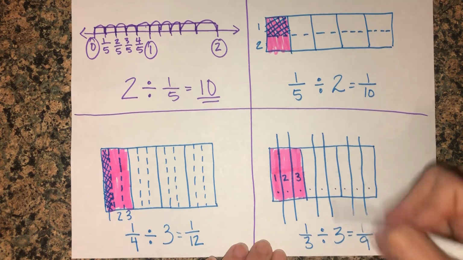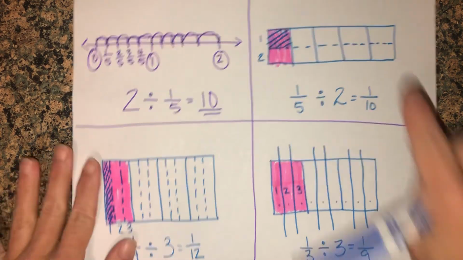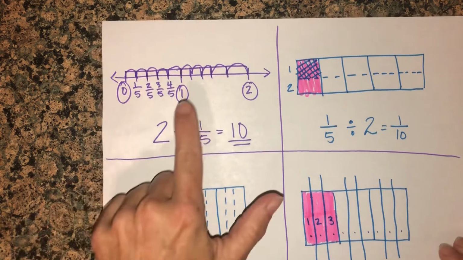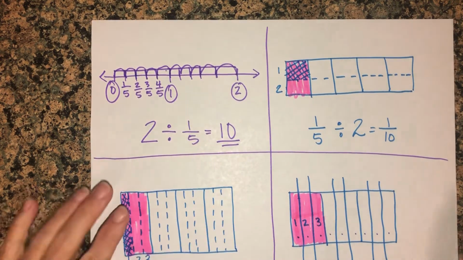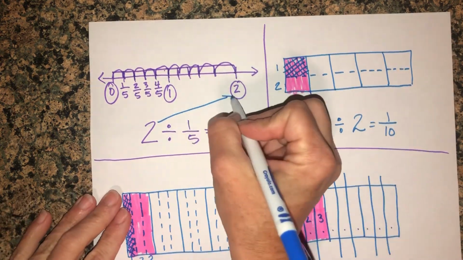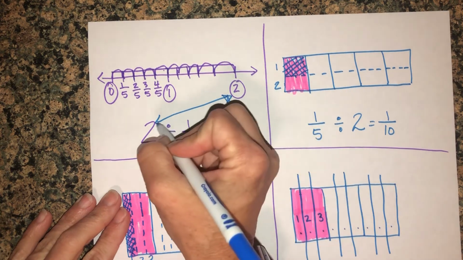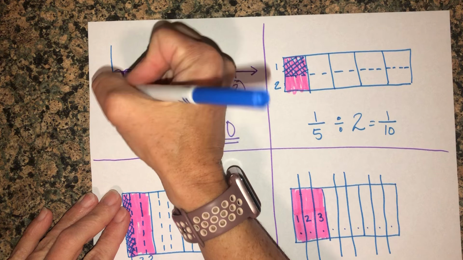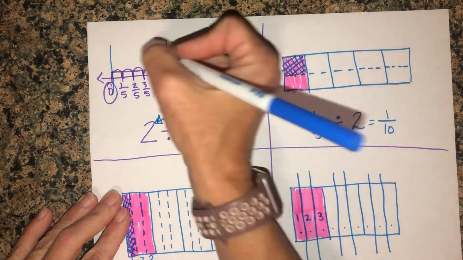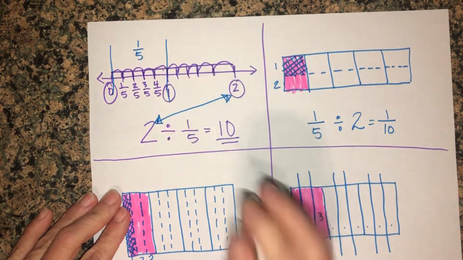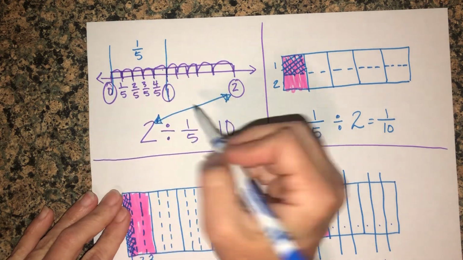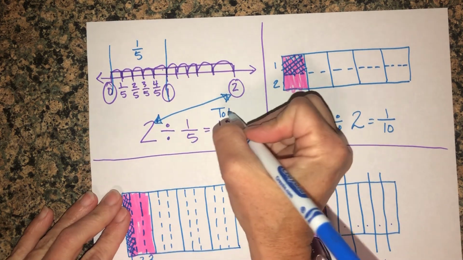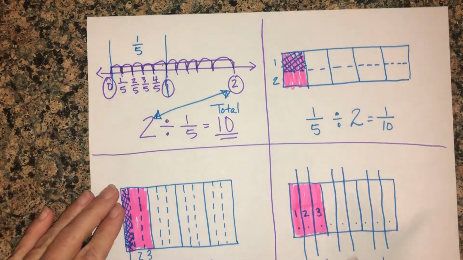So every once in a while you've got these weird bar things, but the dash lines are what I see the most. Don't freak out when you see these. Just look for the biggest number in the line. The number of jumps from one section to another is going to show you what size pieces you're dealing with, and the total sections is going to be your answer. Hope that helps.